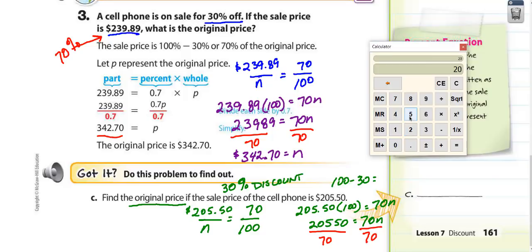And when you divide 20,550 divided by 70, you get 293.571. That 1 says round that 7 to an 8. So we know that in this case, the regular price of the phone was $293.57.